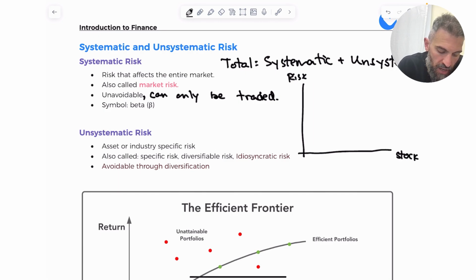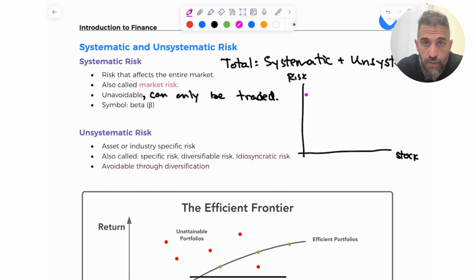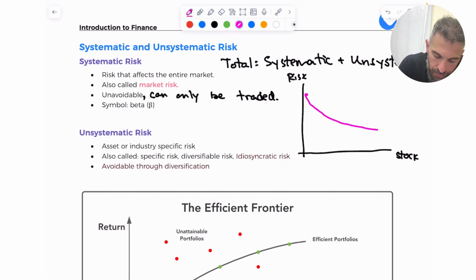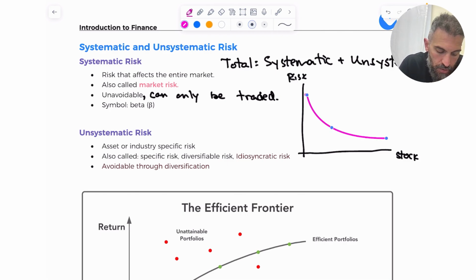If you only have one stock, you're carrying a lot of risk. The more stocks you add, the less risk you have. But you can never get it to zero. You can never eliminate all risk. There's always going to be a certain amount of risk, and that's the market risk. That's the risk associated to the market.